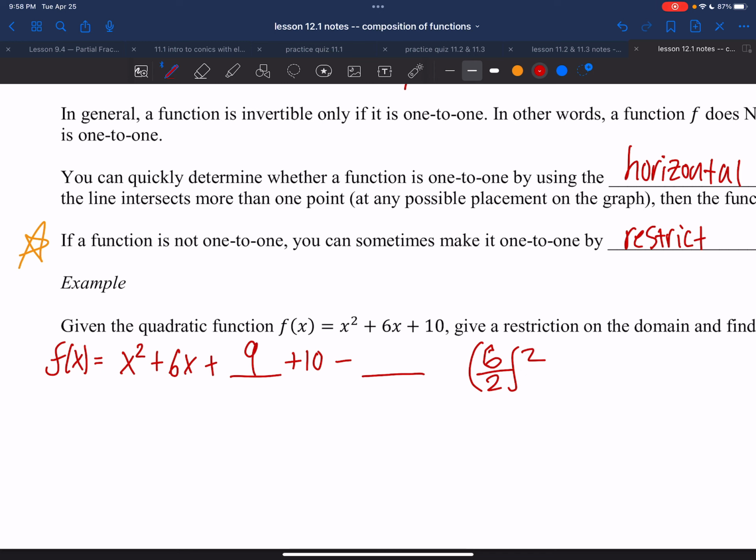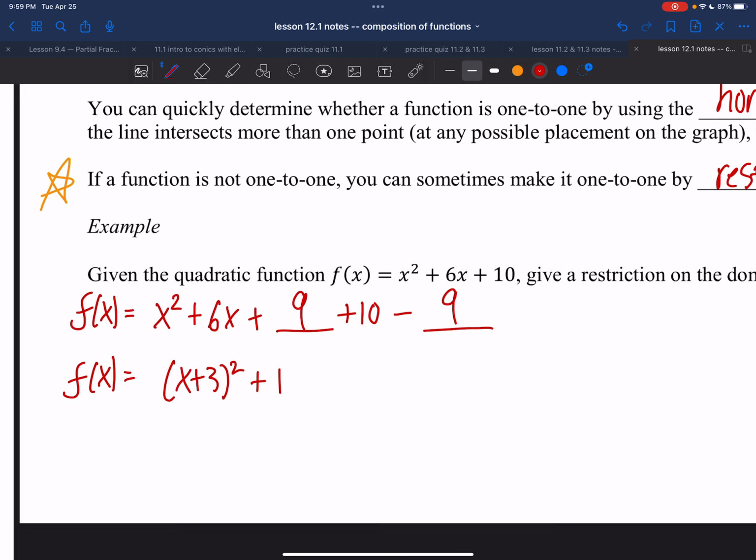So adding 9 helps me complete the square on x squared plus 6x. But if I add 9, I need to simultaneously subtract 9 on that same side. You could also think of it as f of x plus 9 over here, but you're going to end up moving that anyway, so I just subtract it. So this should now be factorable as x plus 3 squared, and then 10 minus 9 is 1. And so now you've found vertex form.